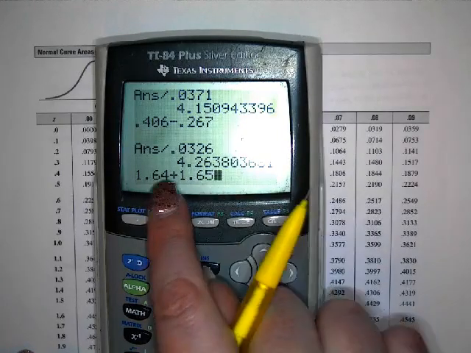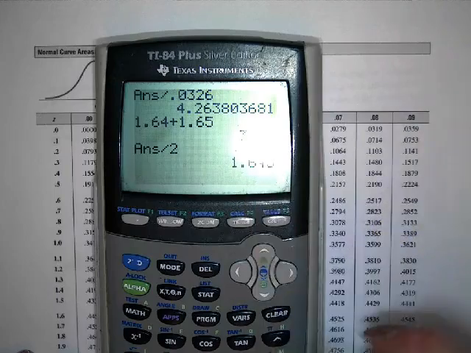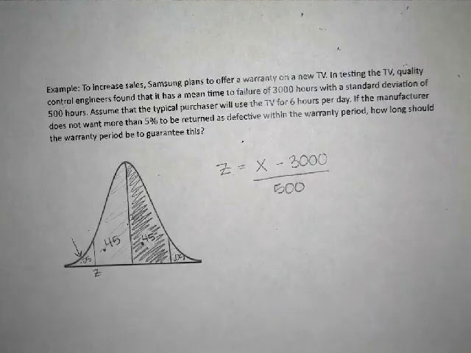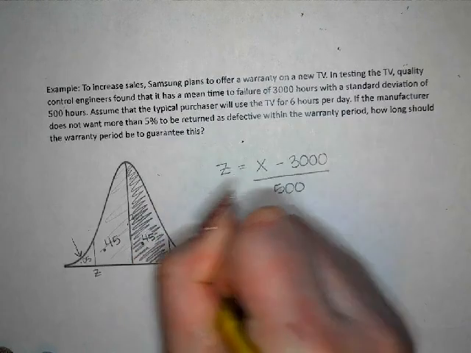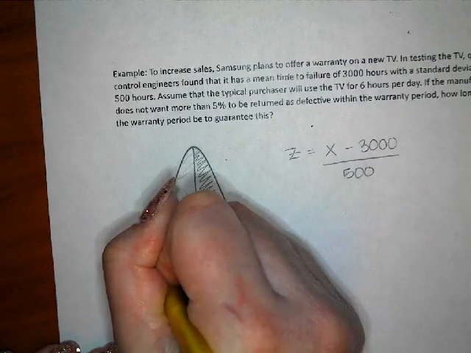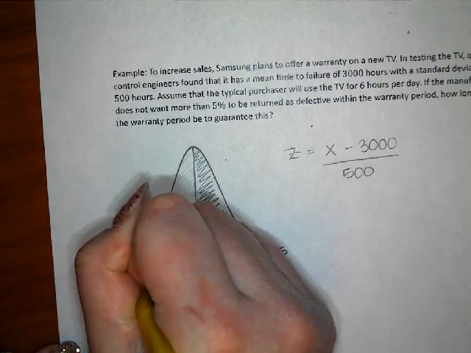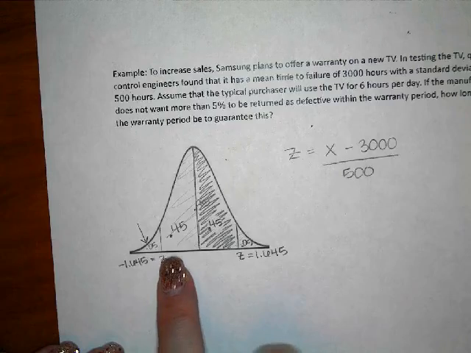So this z-score is 1.645. This z-score is negative 1.645. So we want to figure out what data value is right here at a z-score of negative 1.645.